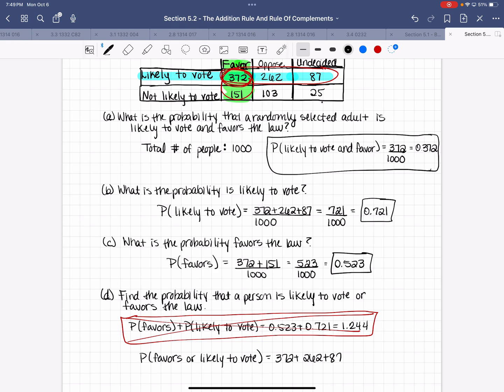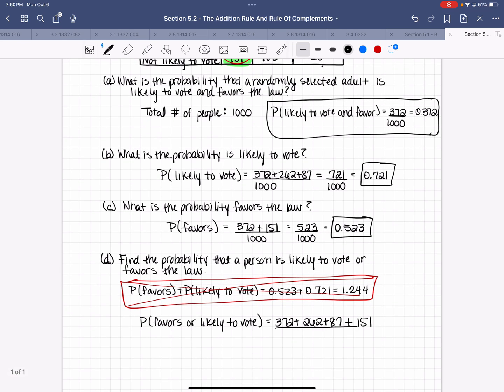Now let's talk about the favors. The favors are 372 and 151, but I've already listed 372. I've already counted him. I went check, check, check. Now I need to list the favors people. Well, I've already got a check on the 372 plus 151.